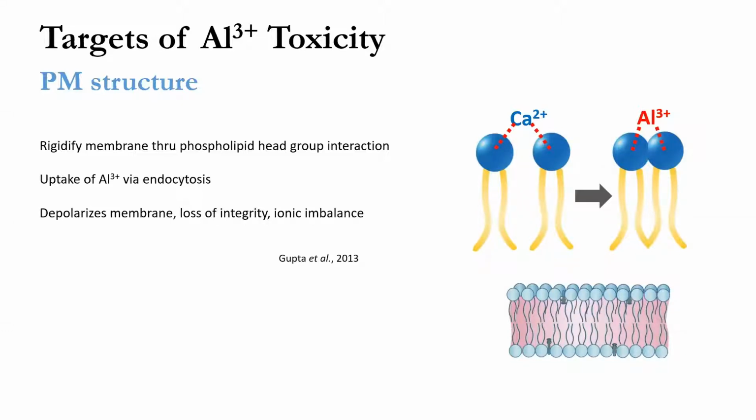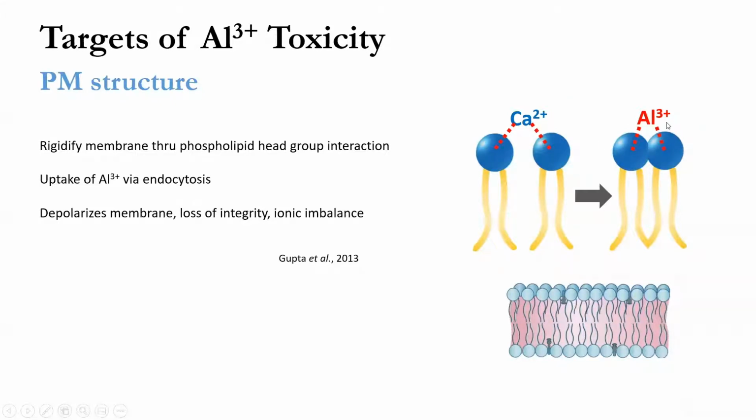All right, now moving on to the plasma membrane. Remember, the phospholipid has exposed polar head groups, shown as the blue balls in this diagram. These head groups consist of negatively charged phosphate groups and other components such as serine and choline, all of which attract aluminum ions. Normally, the membrane is stabilized electrostatically by the calcium bridge between the head groups, and aluminum can actually come in and displace the calcium ions.